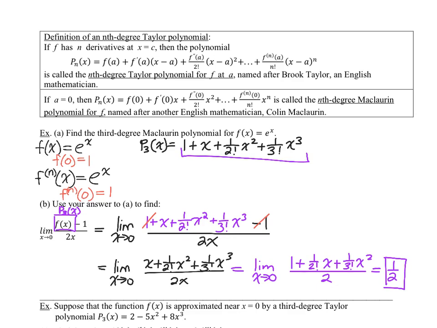I'm going to lose some accuracy, but if I'm just looking for an estimate, I'm going to be in the right neighborhood. If I go from -0.2 to 0.2, very accurate. The closer I get to 0, the more accurate it's going to be. Now, if I want to go from, let's say, -10 to 10 and still use a polynomial, I need more terms. How many more terms? That's a different conversation for a different time. All right.